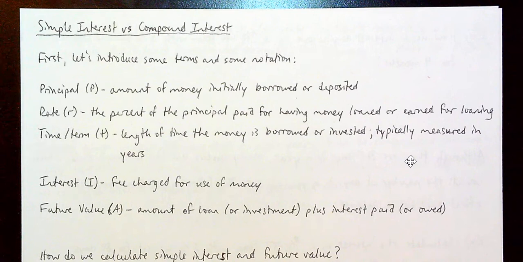The rate here is typically stated as the annual rate. So this is what rate you get for the whole year, unless it's specified in the question that it's something else. And also, we always use the rate as a decimal, not as a percentage. So you have to convert the given percentage to a decimal and then use it in that form.